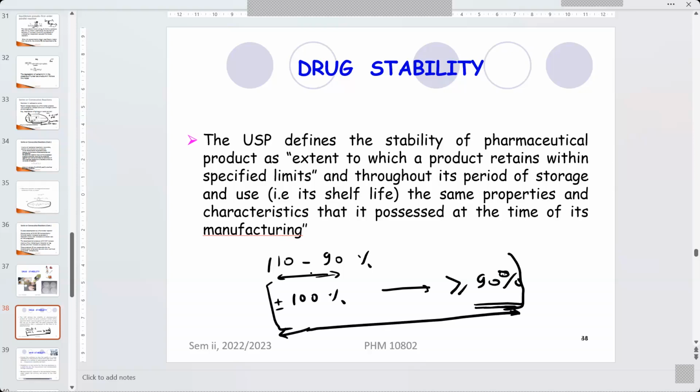And this period of time where it is within the accepted limit, I call it the shelf life of the product. After the shelf life, the performance is outside the acceptance limit. We don't say the drug is stable at this time and we call it expired.